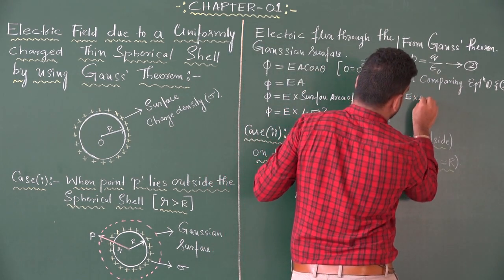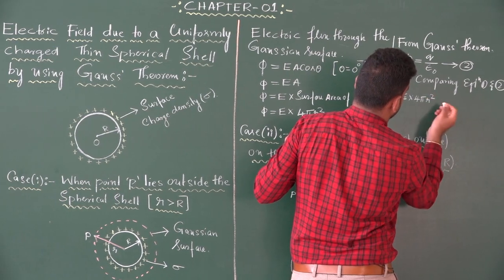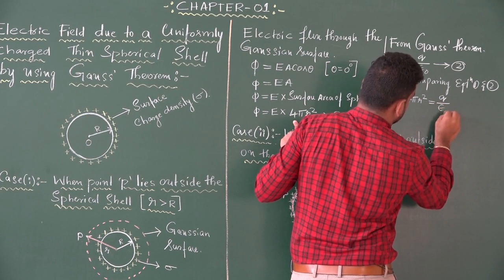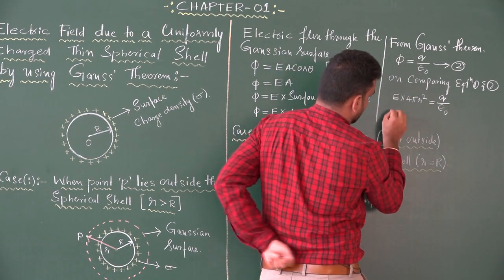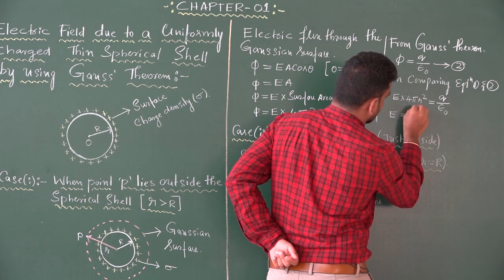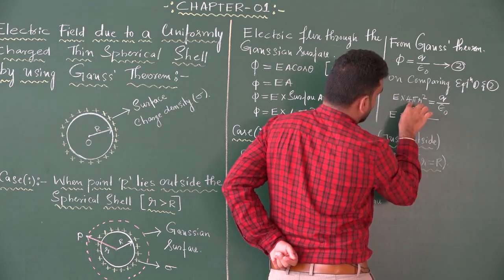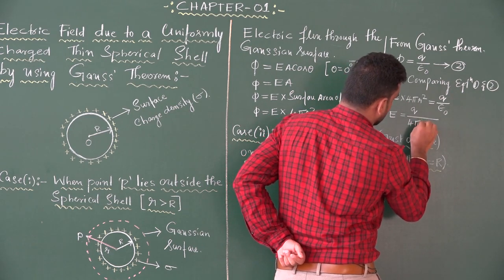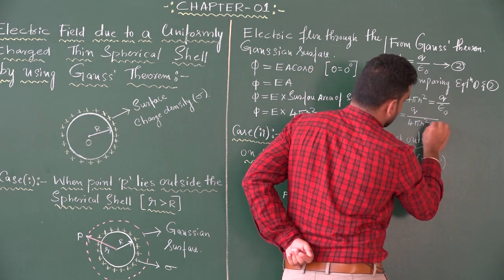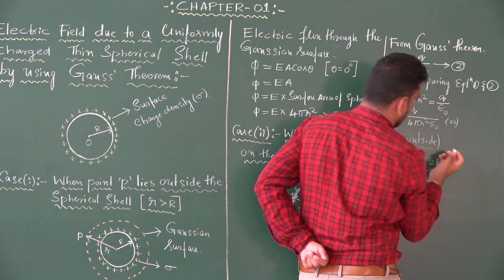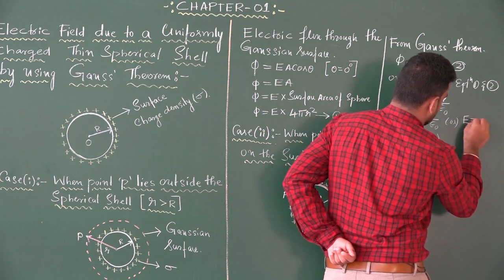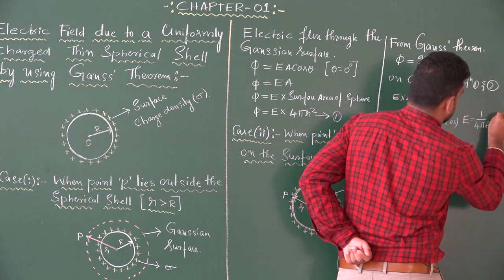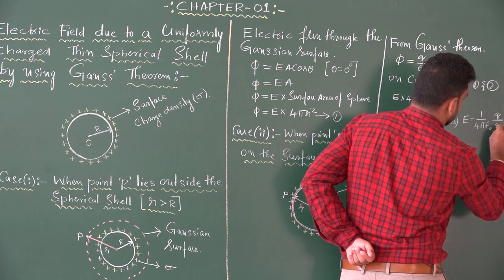E into 4 pi r squared is equal to Q divided by epsilon naught. I am simplifying the equation for E. Then E is equal to Q divided by 4 pi r squared epsilon naught, with 4 pi r squared coming to the denominator. Or we can write it like this: E is equal to 1 over 4 pi epsilon naught times Q divided by r squared.